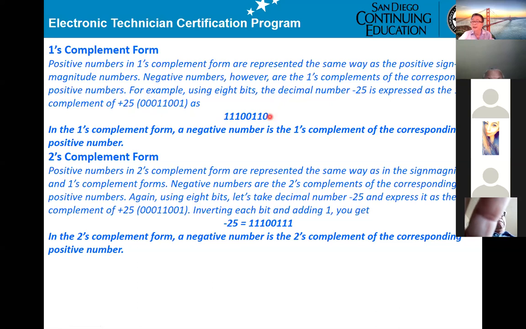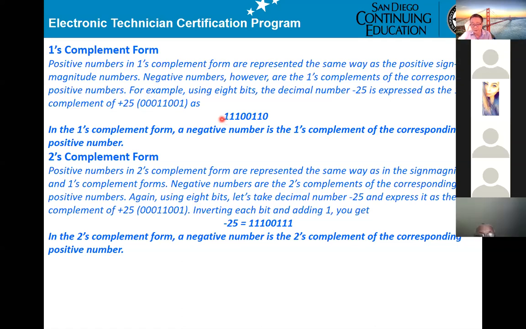However, the value here you see is 1, 1, 0, 0, 1, 1, 0. How come you get this number? The first bit tells you it is negative. However, it's different from the last time, where the magnitude bits stayed the same. This is the first complement. So the number 1 tells you it is a negative number.